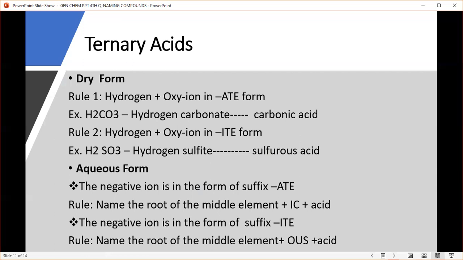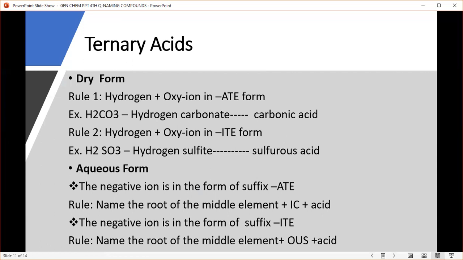So here in the aqueous form, if the negative ion is in the form of the suffix ate, so if you place hydrogen carbonate and hydrogen sulfite in water solution, and for example we have hydrogen carbonate, it ends with the suffix ate, the rule in naming is name the root of the middle element, the stem of the name of the specific element, and then just add the suffix ic and the term acid.